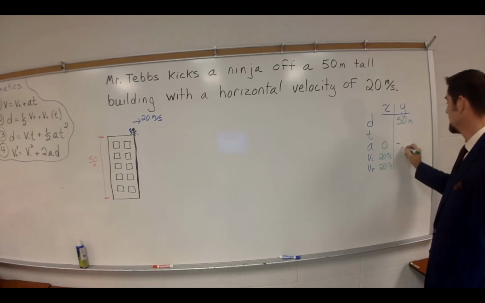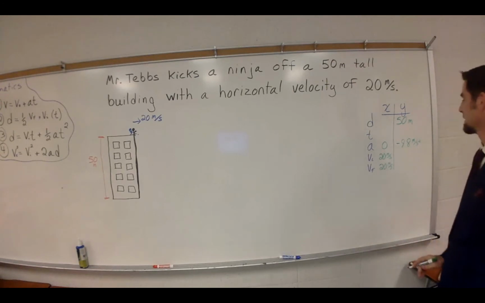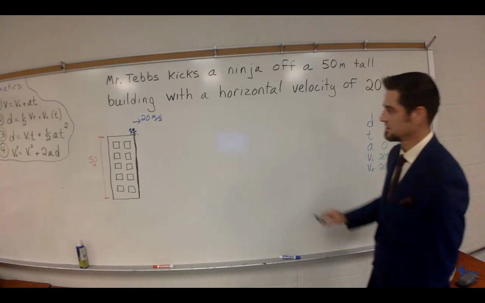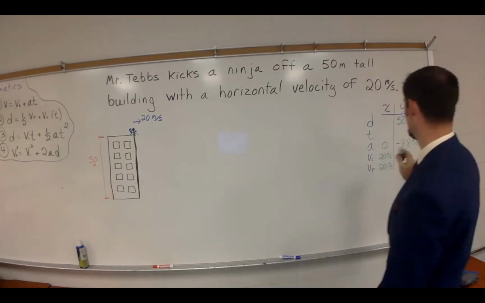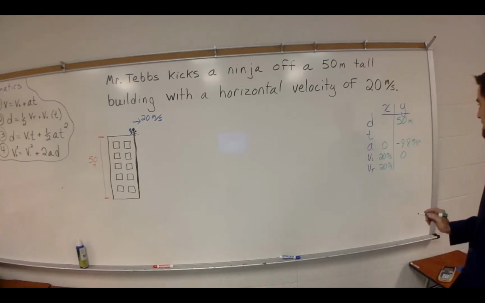So that's going to be negative 9.8 meters per second squared. Our initial velocity in the y direction, if you drop something, it starts from 0. So our initial velocity is 0. And we don't know what our final velocity is yet.